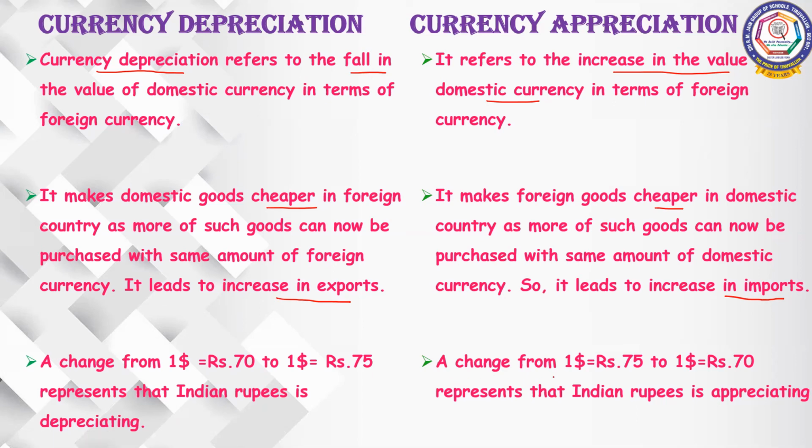A change from $1 equal to rupees 75 to $1 equal to rupees 70 represents that the Indian rupee is appreciating. This means that fewer rupees are needed to buy $1.